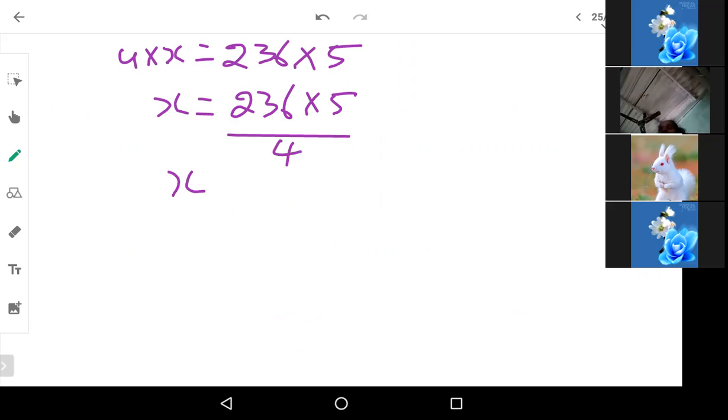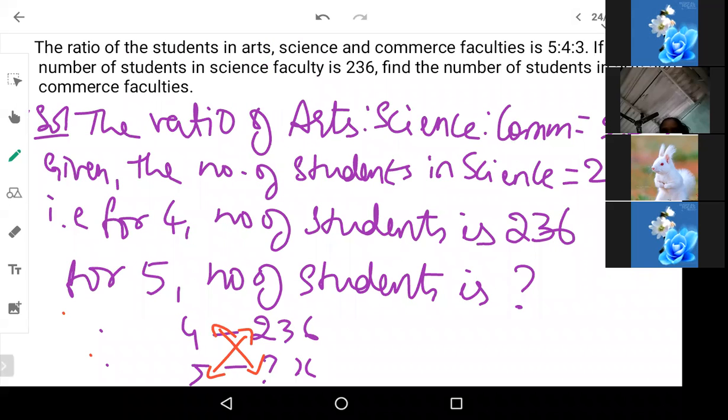So x will be 295. Understood? For 4, if it is 236, for 5, how much is it? Okay, so that is what we have found out.